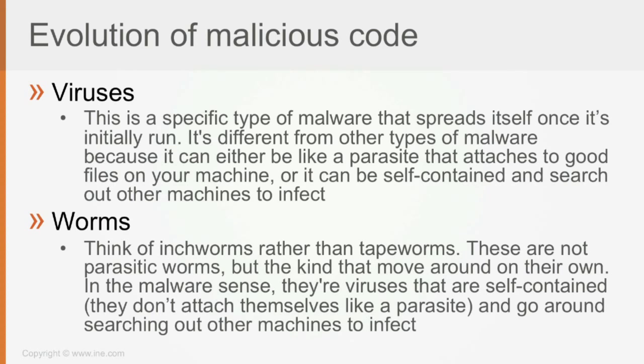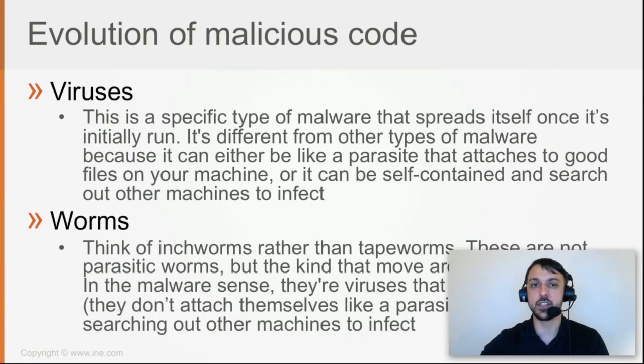Worms are smarter versions of viruses: they can duplicate themselves without being attached to specific files, and they can go into the network by themselves, identify other victims and infect them as well.